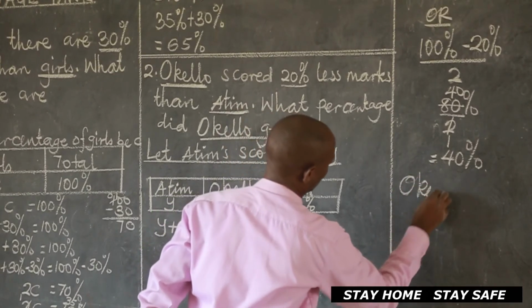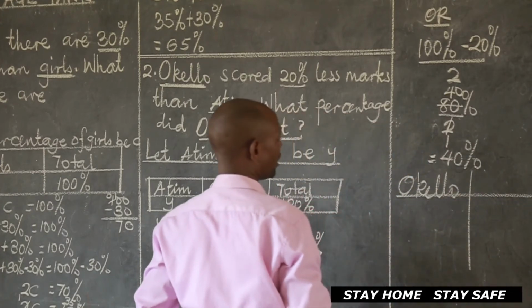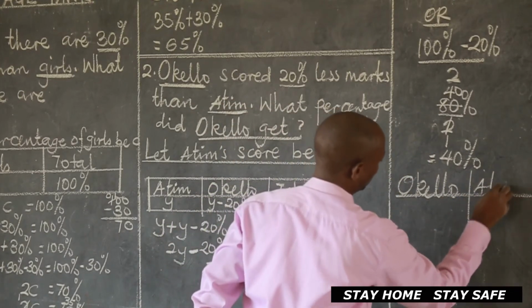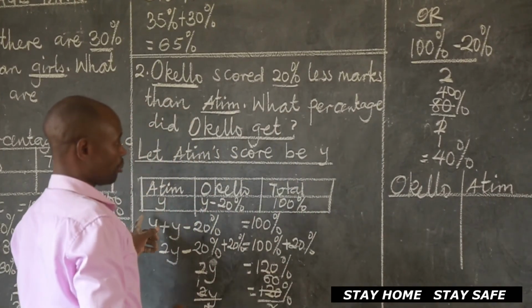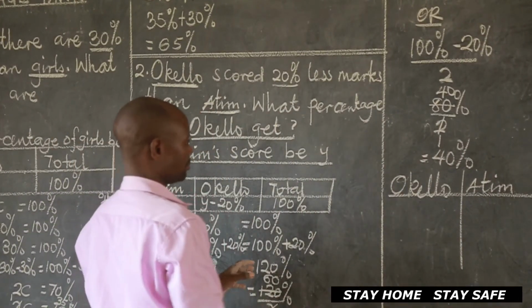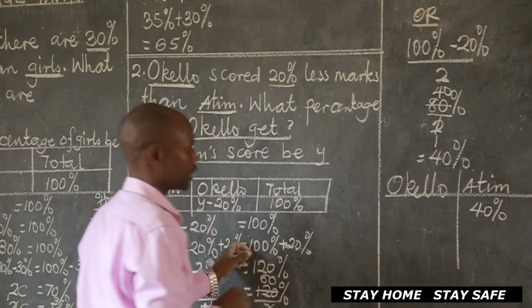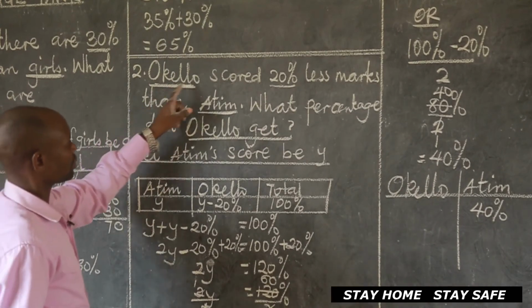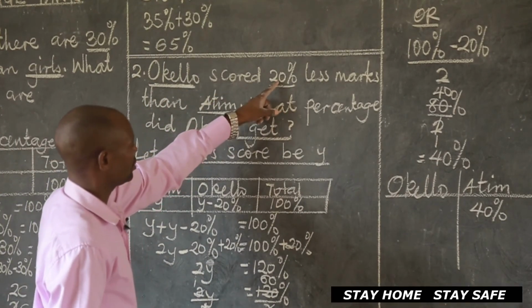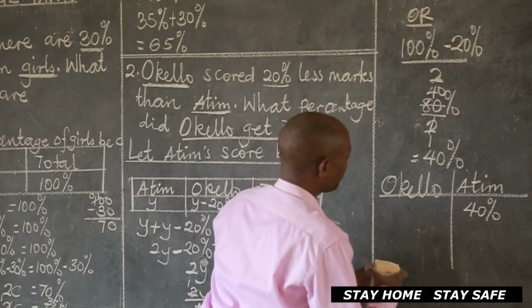Okero. Then here we have a team. The equal percentage will have 40.